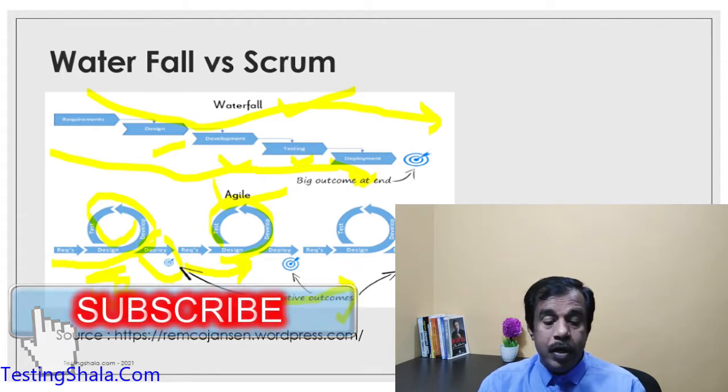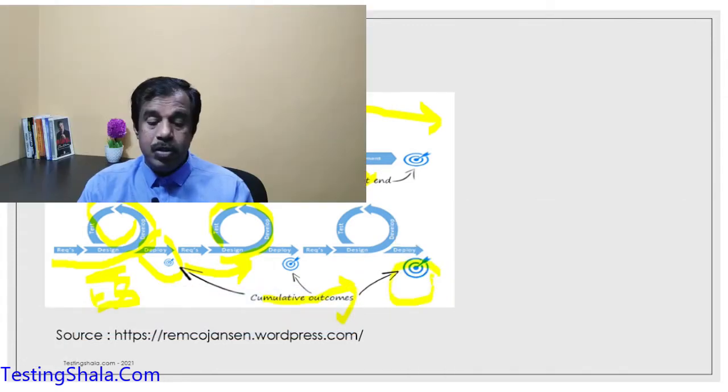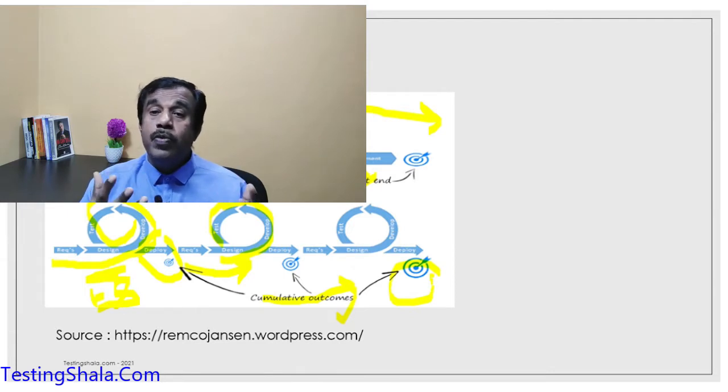At the end of, let's say, 6 months, you'll have a bigger product. But the client need not wait 6 months to see the complete feature of the product. Within a month or within 2 weeks, you can see whether it is going well or not in Scrum.